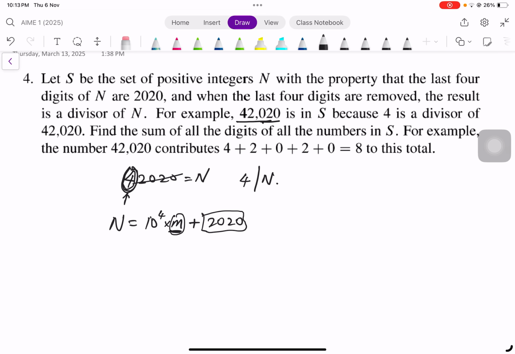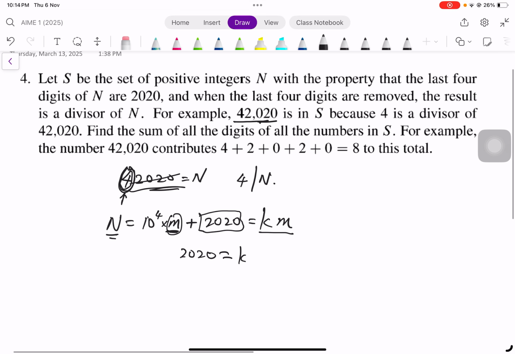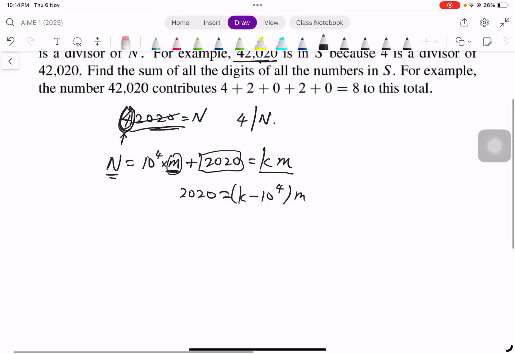That means n can be expressed as k times m. Therefore, 2020 is actually k minus 10 to the power of 4, multiplied by m.